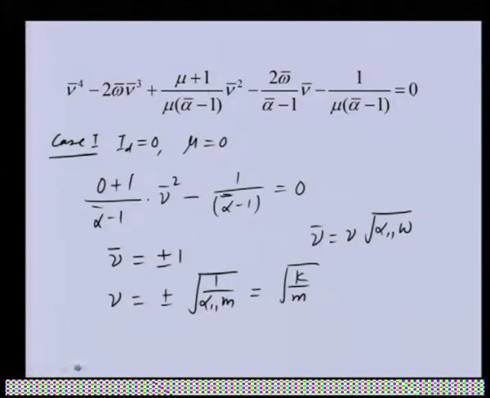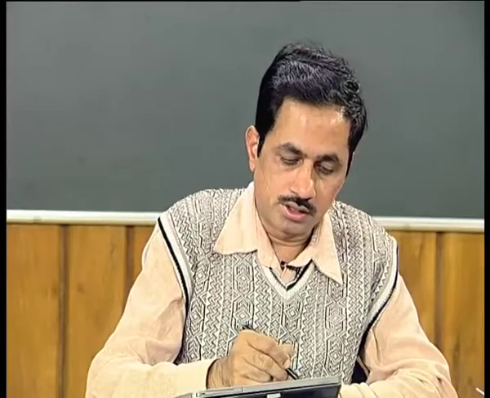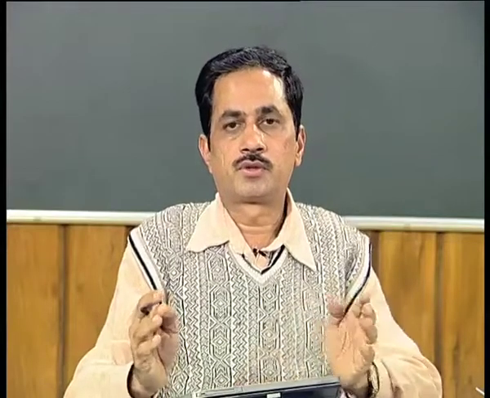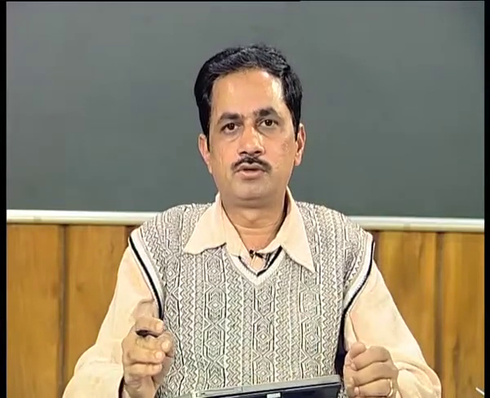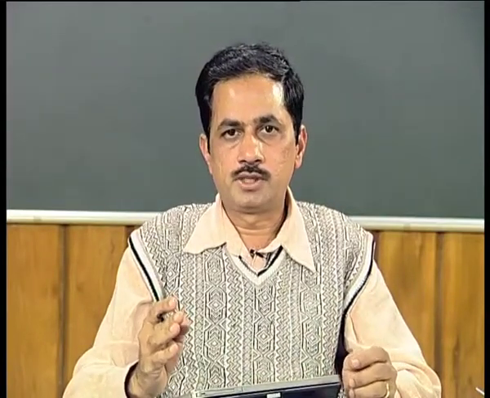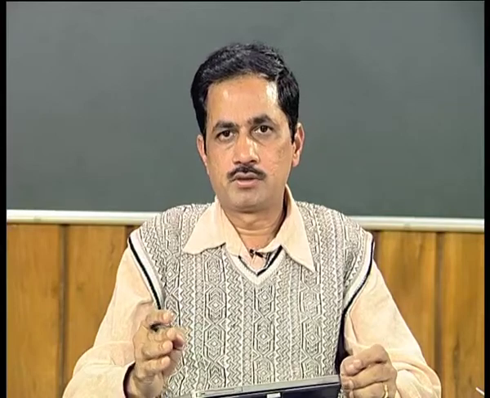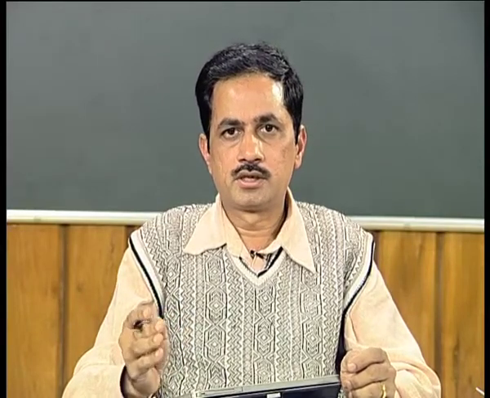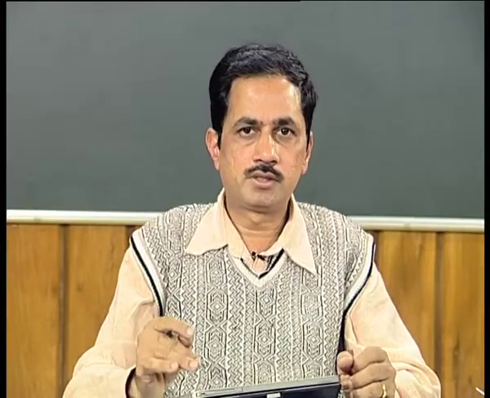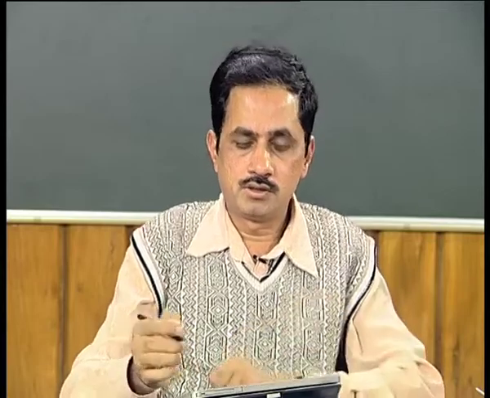So, I will take a second case in which alpha bar is equal to 0, the coupling parameter is 0, the elastic coupling. That means, in this particular case, when we are giving a linear displacement, the angular displacement is not taking place, and when we are giving an angular displacement, linear displacement is not taking place. This is a very special case.